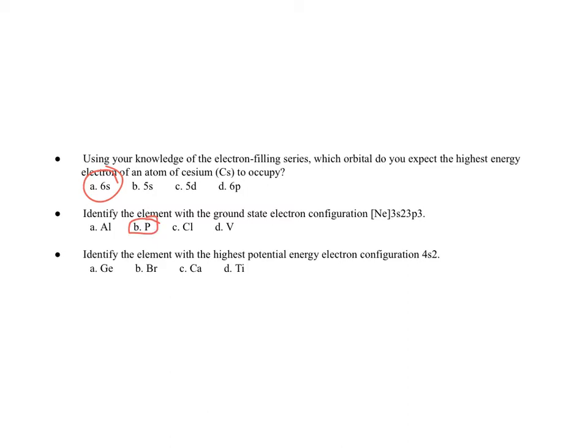And then the element with the highest potential energy electron configuration of 4s2, again, I look at the second column, the alkaline earth metals, and I start scrolling down through there, and there's calcium, right? And so this has a 4s2 configuration.